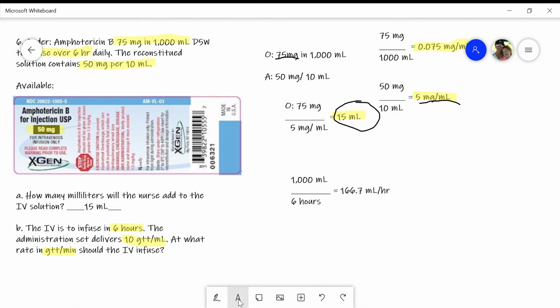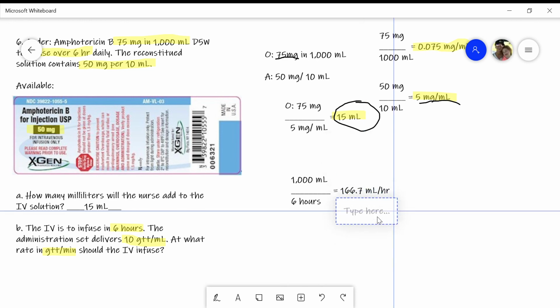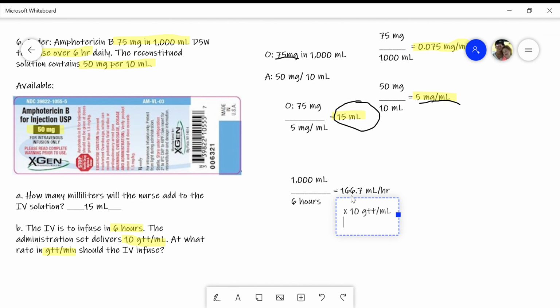And then once we have that, we're going to multiply it by the 10 GTT a milliliter. So that number is going to give us 1,667 GTT an hour.